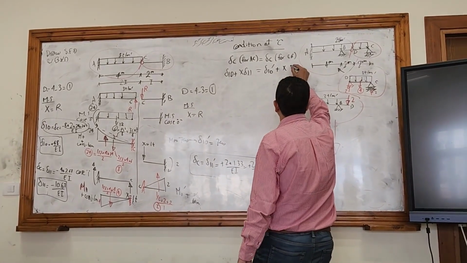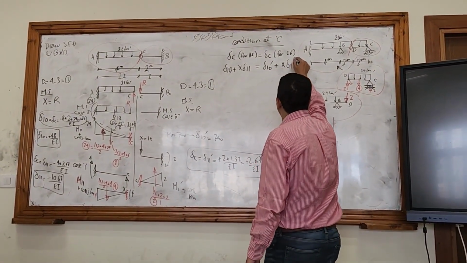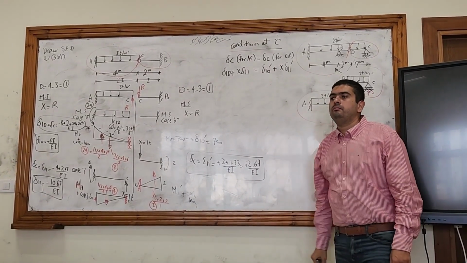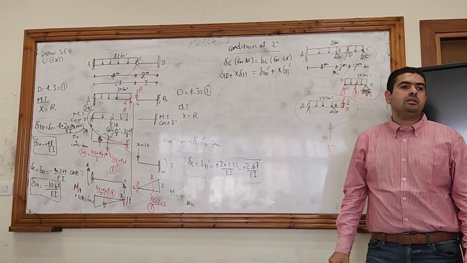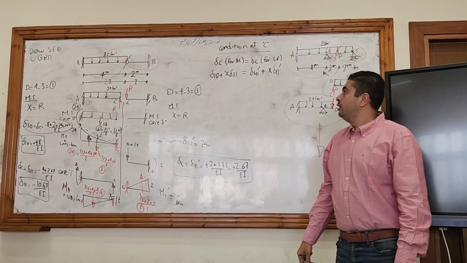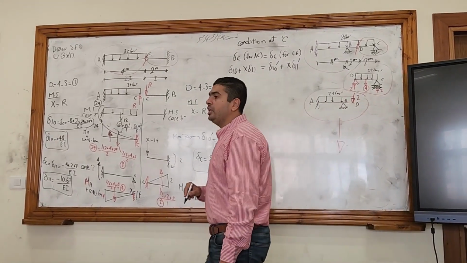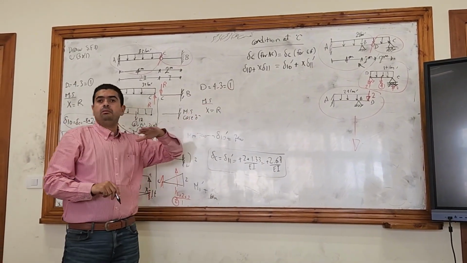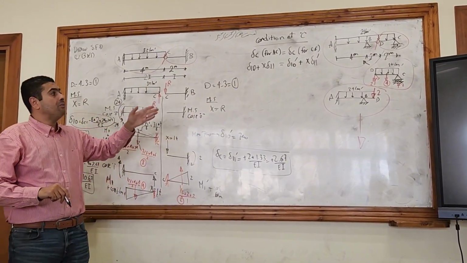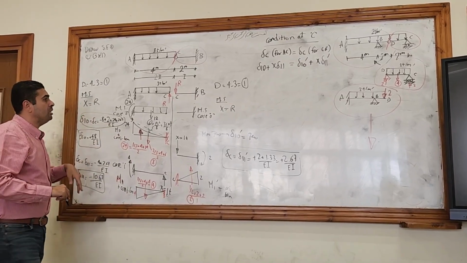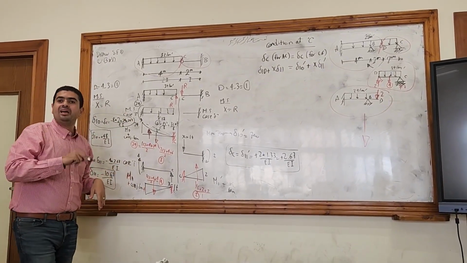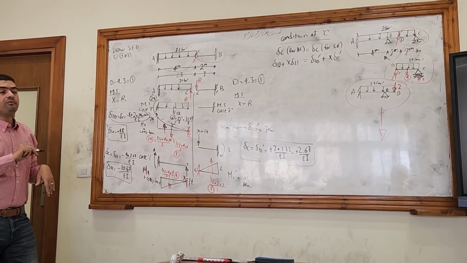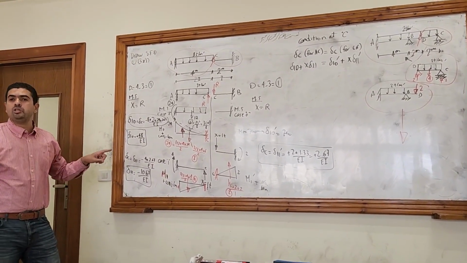Delta 1 node dash plus x times delta 1 1 dash. This will be the condition. And here the same for EI, the left hand side will have the same EI, and the right hand side the same EI. So I can remove the EI from the whole equation.